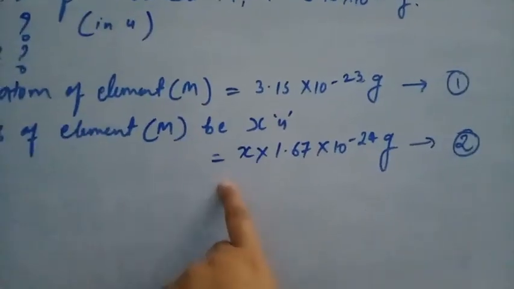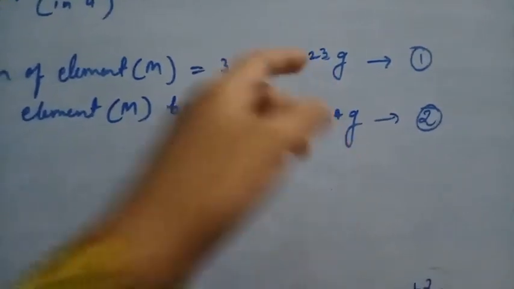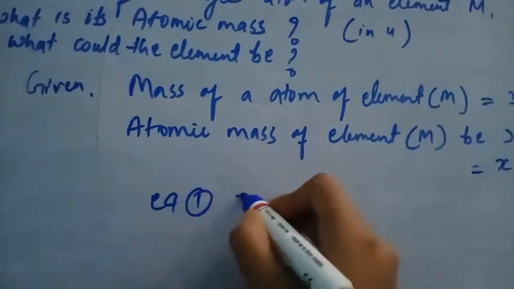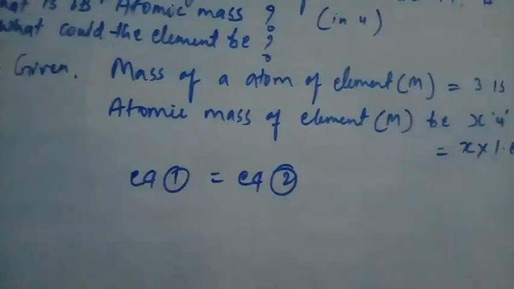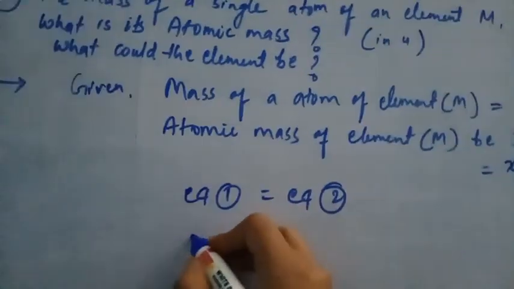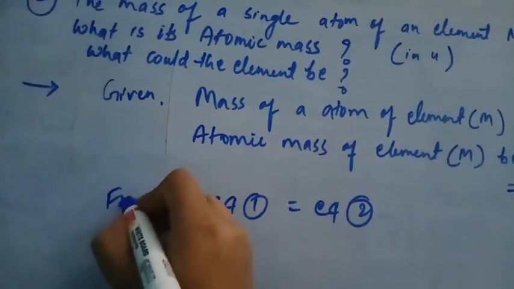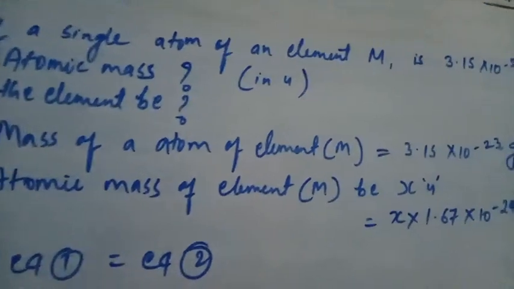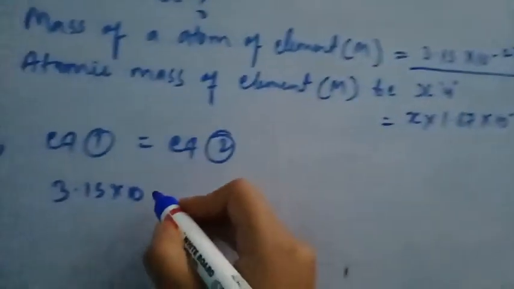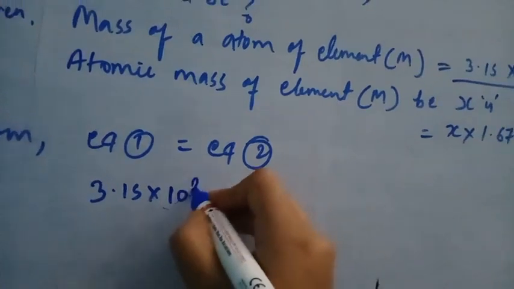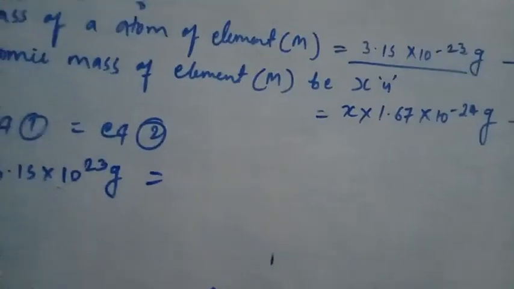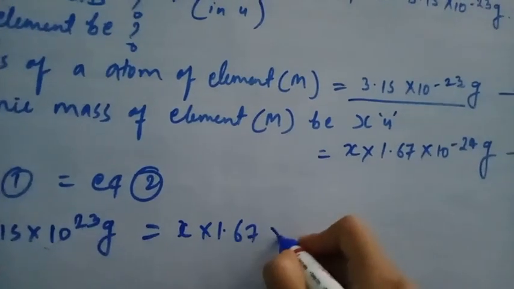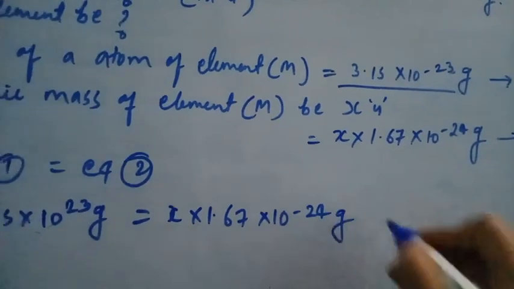So the value we have got here is equal to this value. If we equate equation 1 and equation 2, from equation 1 and 2 we can write 3.15 into 10 to the power minus 23 gram is equal to X into 1.67 into 10 to the power minus 24 gram.